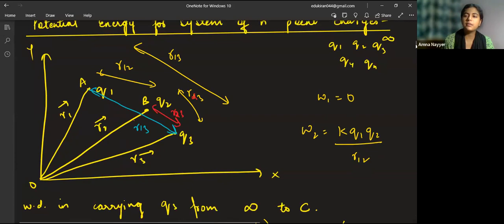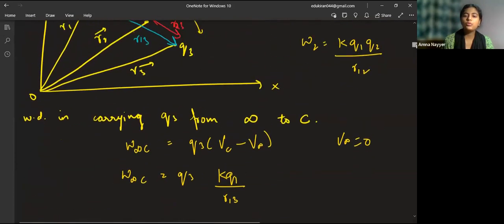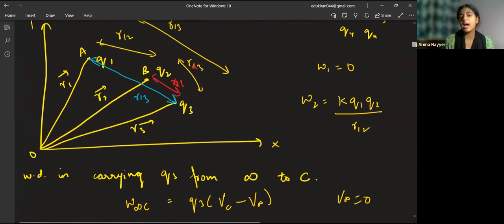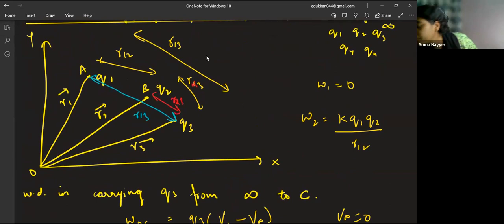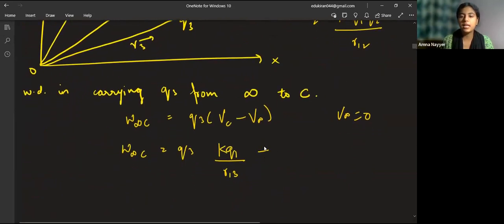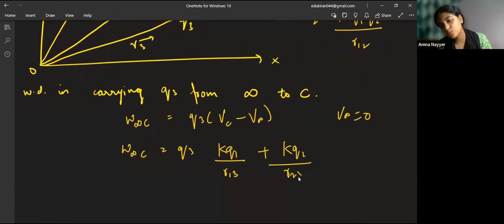So here this becomes K Q1 divided by R13, the separation between these, plus the separation between Q2 and Q3, which is R23.